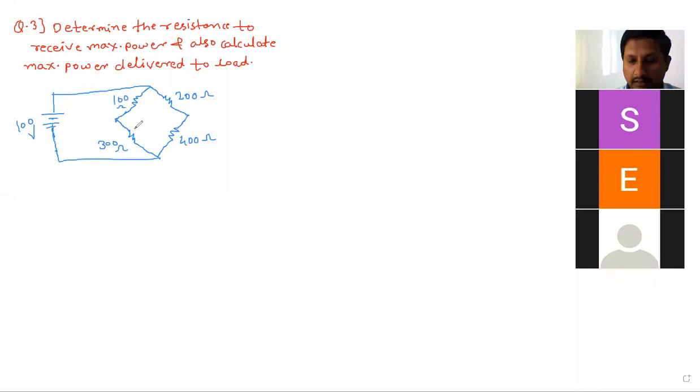The variable load resistor is connected here between terminals A and B. So we have to find the load resistor value which will receive the maximum power, and after that we have to calculate the PL max. The question is almost the same as the previous example, but the diagram is different now. Now, how do we start?